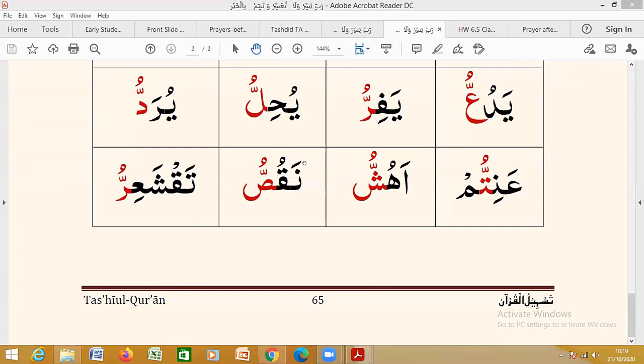Now, can you tell me how would you pronounce this first letter? Okay, the letter noon with a fatha. So how would you pronounce that? Na. Excellent. Now over here you can see that you have qaf with a dhamma and then a sad with a shadda and a dhamma. So can you try joining those together?